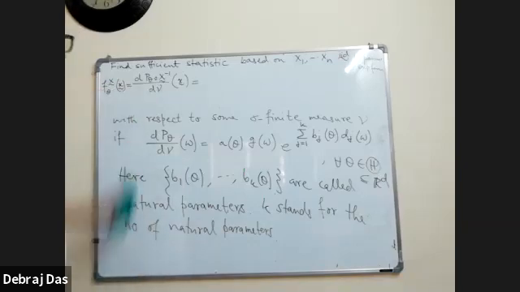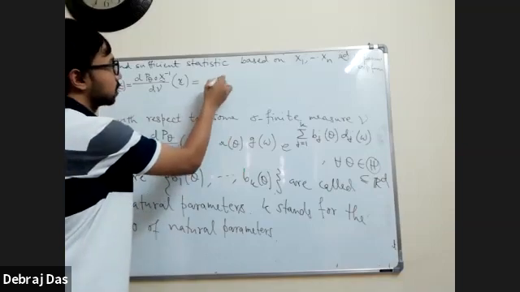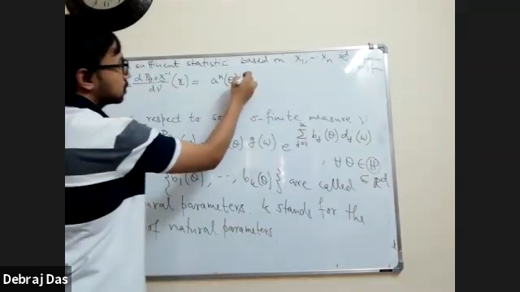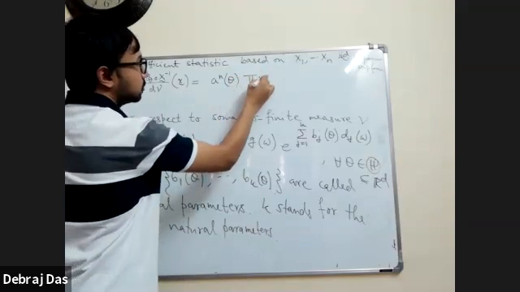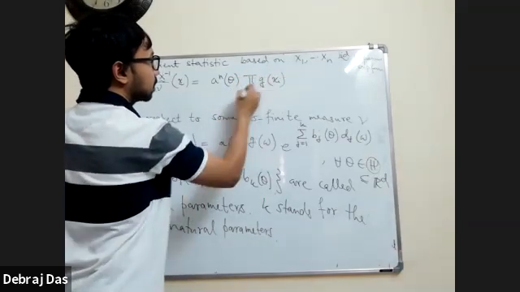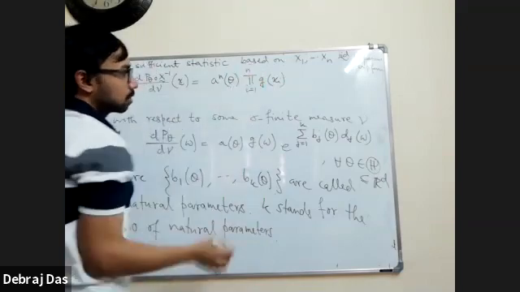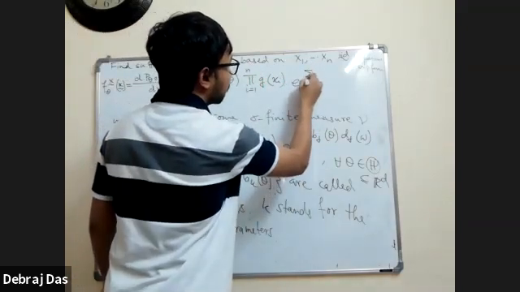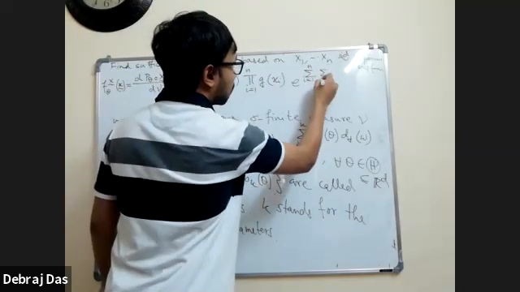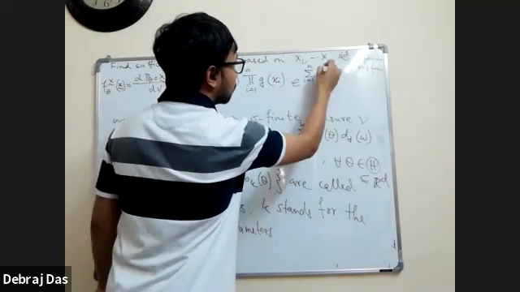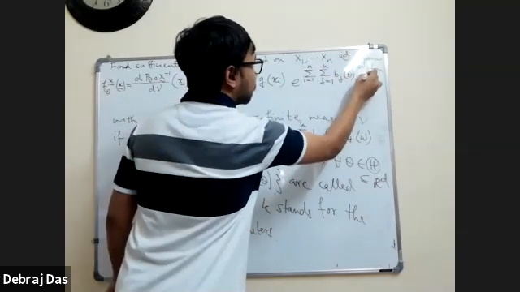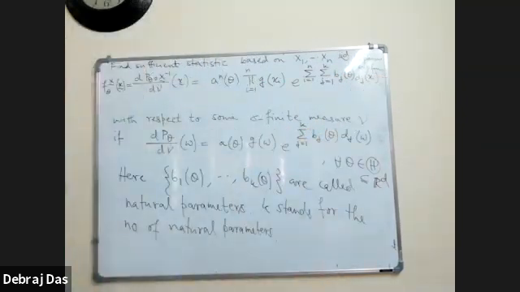So what is this thing? You simply look into the product, right? Because these are IID. So this is the product of g of xi, and there will be another sum.